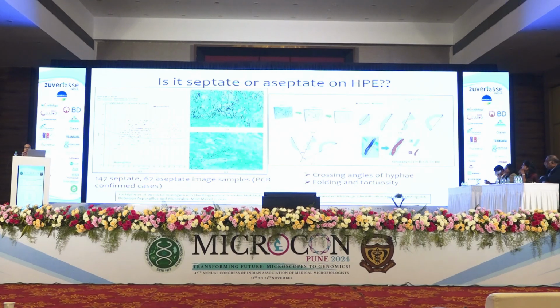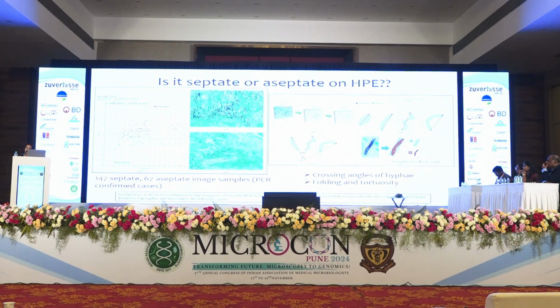So in histopathology, there is also often confusion regarding the nature of hyphae, because we all know that these tissue sections are taken at different planes, and when they are stained with special stains for the detection of hyphae, there is often confusion. So this study group developed a very nice tool for differentiating between Aspergillus and Mucor. The pitch they used was this. They took 147 septate sample images and 67 aseptate sample images.